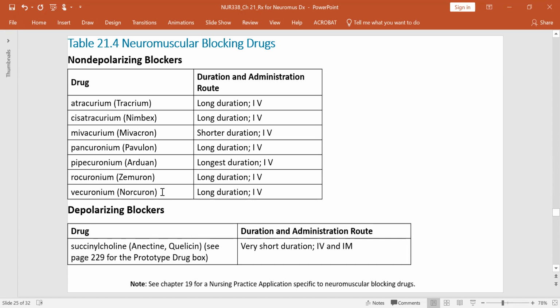For short surgical procedures, we recommend using succinylcholine. For a 15 minute surgery, 30 minutes, even an hour surgery, we can give succinylcholine, or for mechanical ventilation and endotracheal intubation. But it's more recommended for the short term.